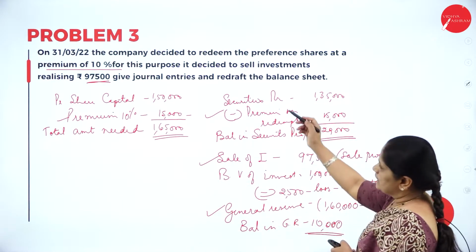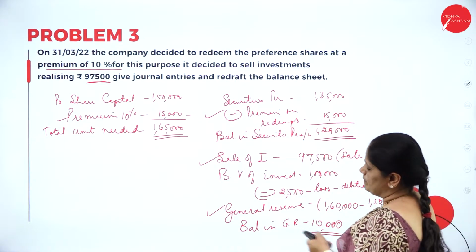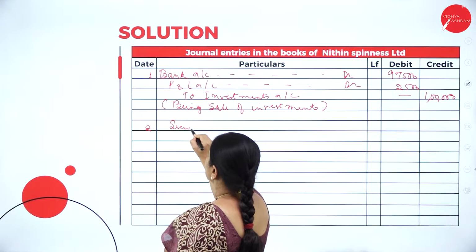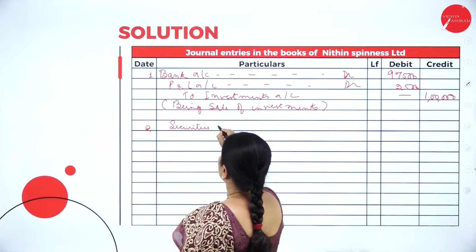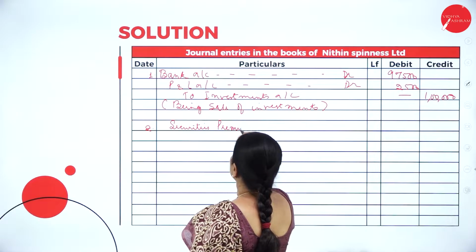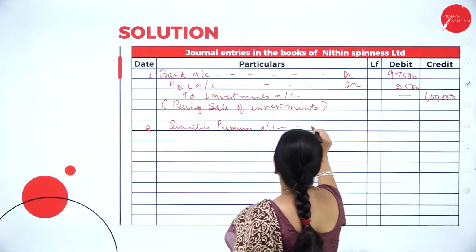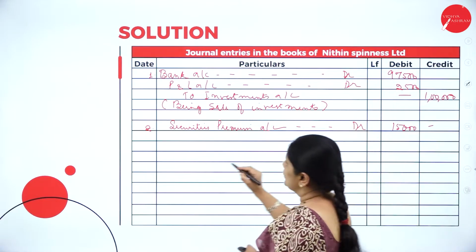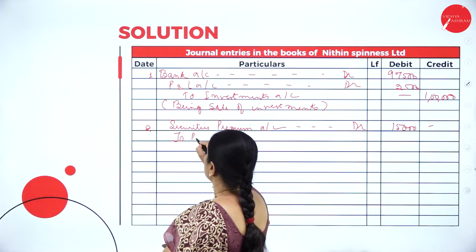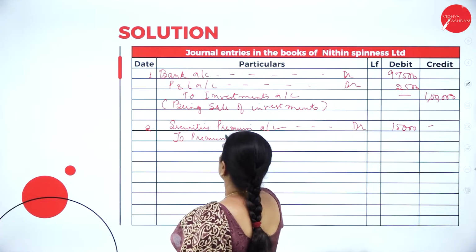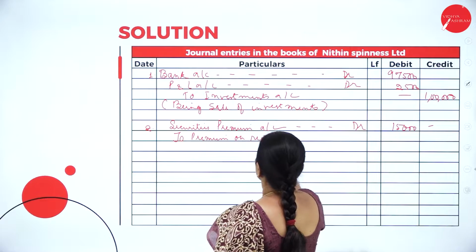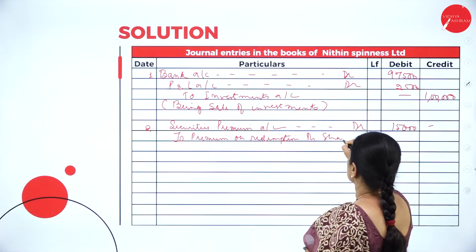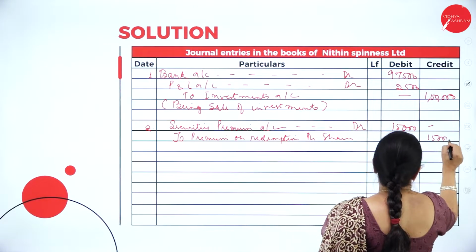The next journal entry will be for adjusting the premium. So we will debit the securities premium account. Securities premium account debtor 15,000 to premium on redemption of preference shares 15,000.